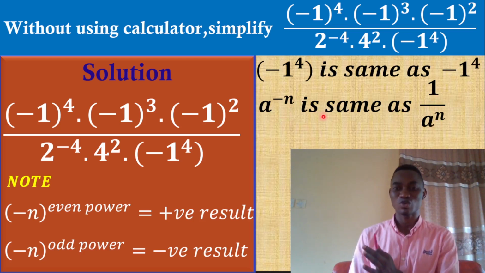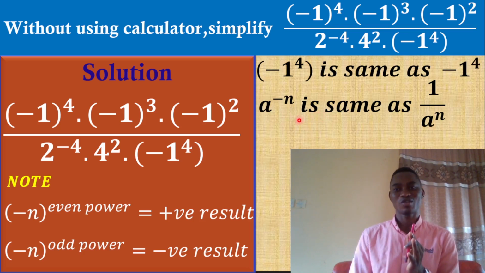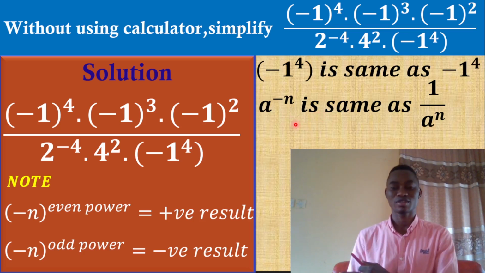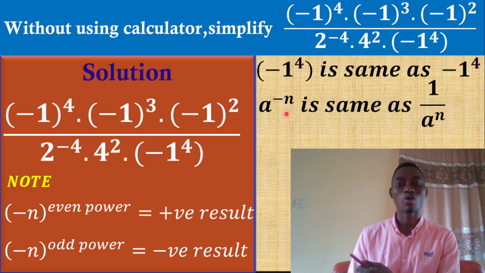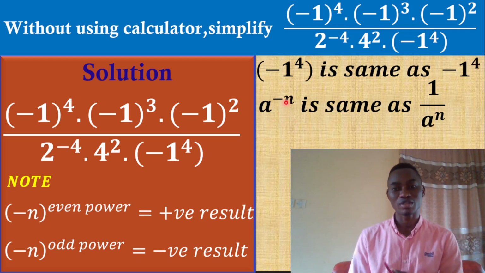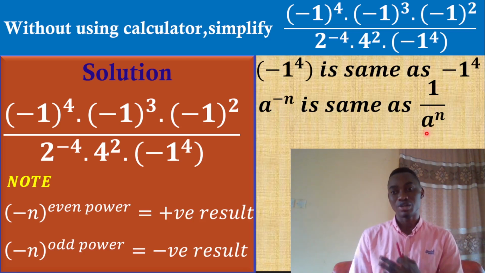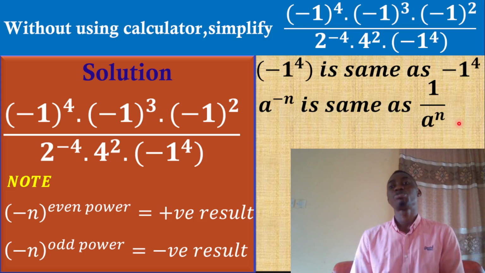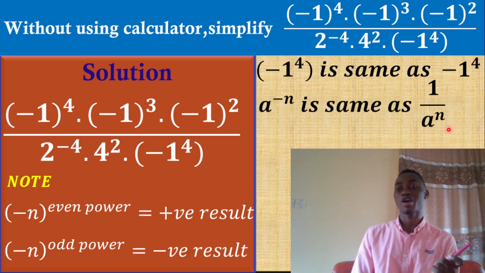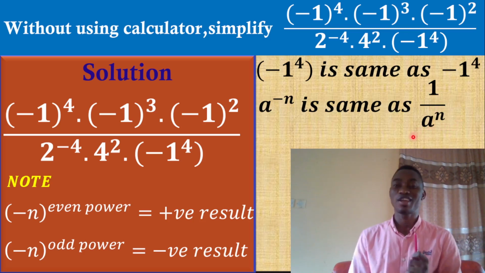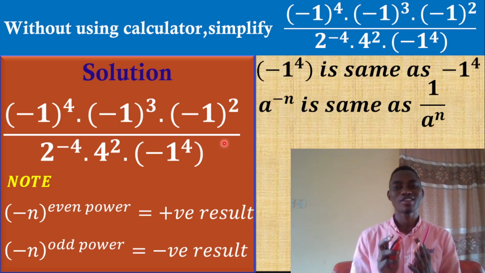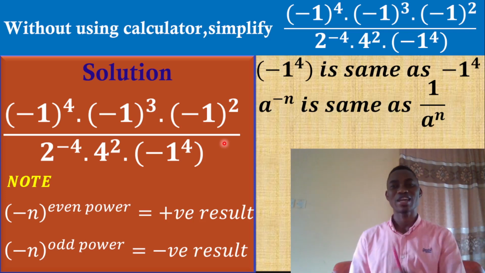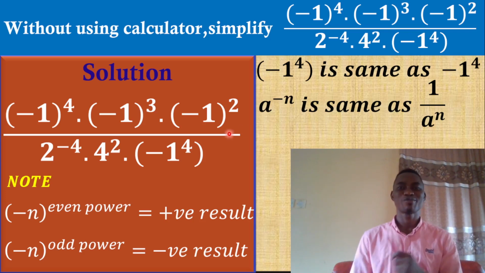We call this one negative index, or negative power. So if the power is negative, you can express it as 1 over a raised to the positive version of the power. I think that is clear enough. So with this being said, let's move to the next slide for the solution proper.